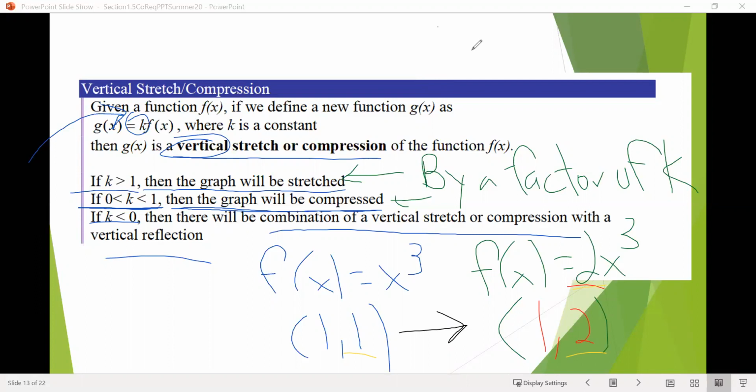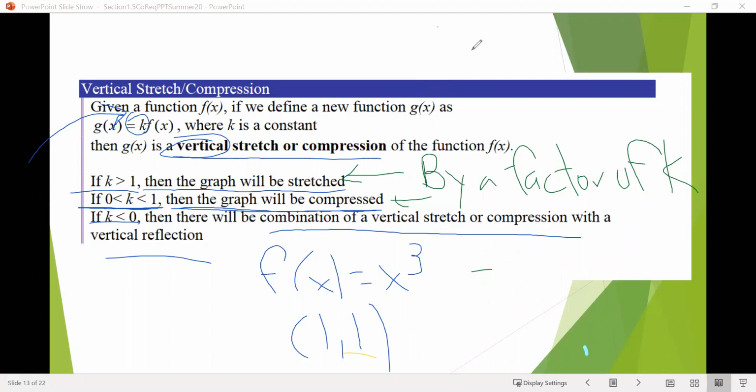Similarly, if we start with that function f of x equals x cubed and the point (1, 1), and we multiply by a number between 0 and 1, let's say 1/2, the point (1, 1) is now going to change.